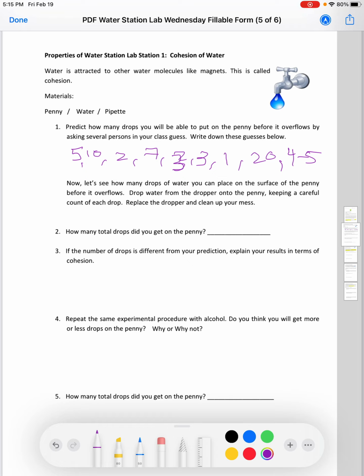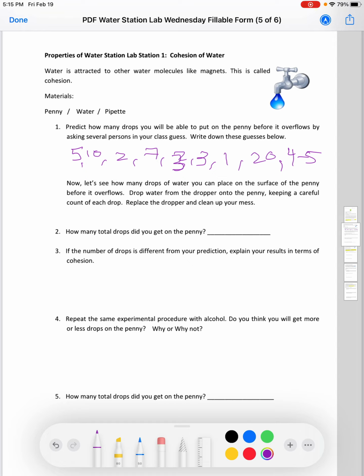But when we actually did it to see how many drops we got, we saw that thanks to the cohesive properties of water and the nature of water, a surprising amount of water can be placed on a penny as it forms that big bead of water, just like beading up on your car after you wax it.